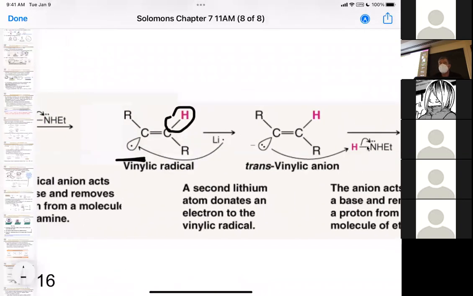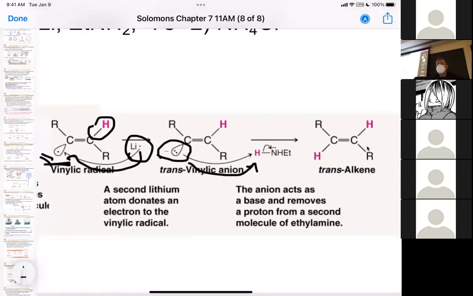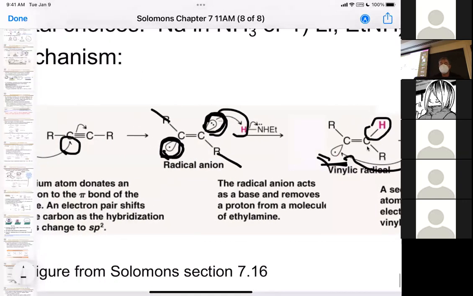Now you use another equivalent of that neutral metal, transferring one electron to give us another anion. Now that we have another anion, it's going to act as a base and pull a hydrogen off your ammonia, giving us our addition. This is why we get our trans alkene: the first intermediate we get is our trans radical anion.